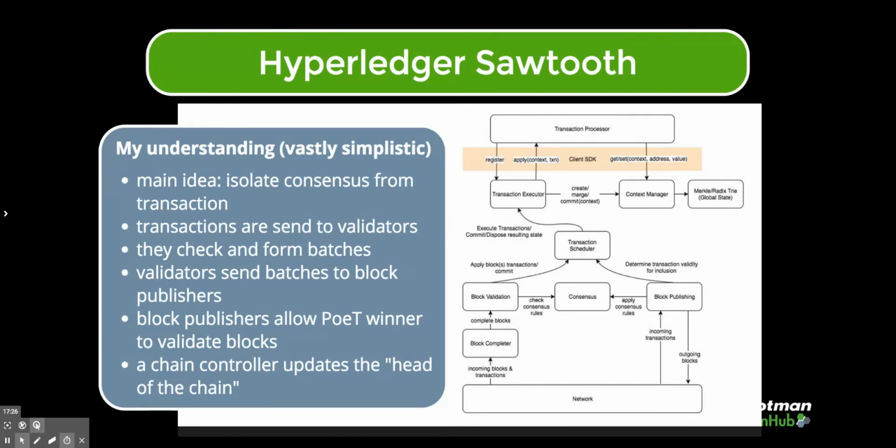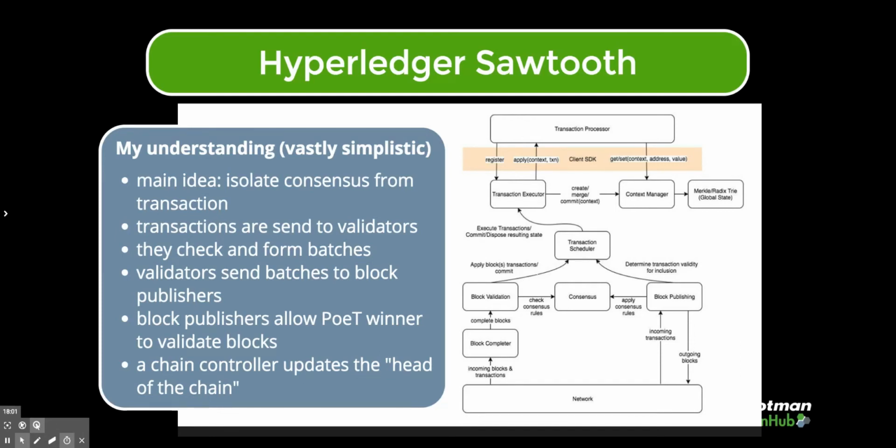So transactions are sent to validators. They check whether or not the transaction is valid. This is again based on the same idea as in public blockchains with public-private keys. Then they take the transactions and form batches. And these batches are then sent to block publishers. What these publishers do is allow the winners of the proof of elapsed time to validate the blocks.